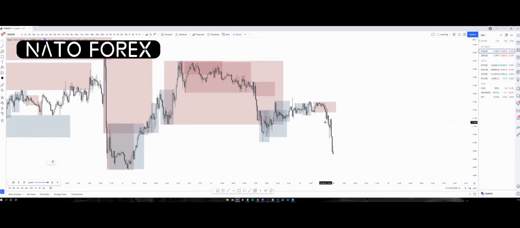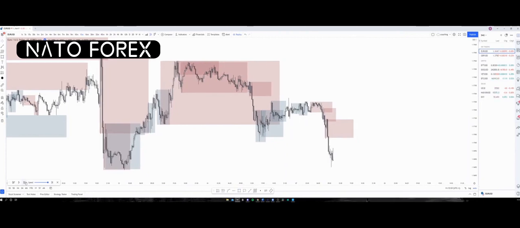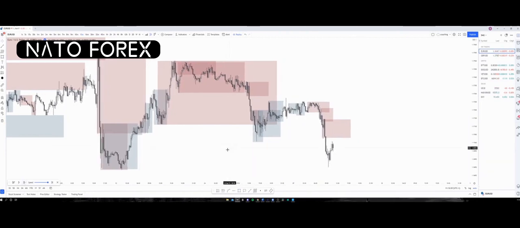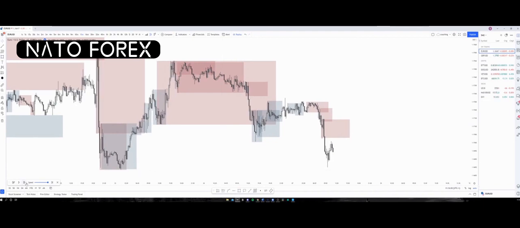So cool, and you can see here how these ranges are all respected until the objective of this low getting taken, because this is the weak low. It hasn't broken a swing high. You can see how they are respected until that objective.